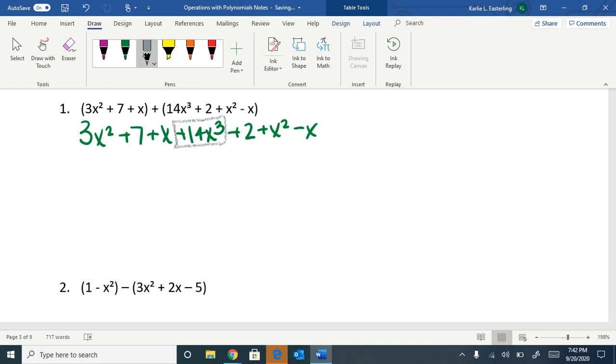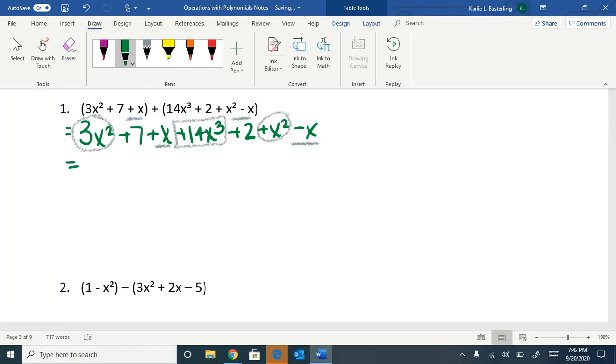Then if we go down from cubed, we're looking at squared, so I'm going to circle my squared terms. I'm going to draw a line under my x terms. I would also draw a line on top of my constants. And I also need an equal sign out here.